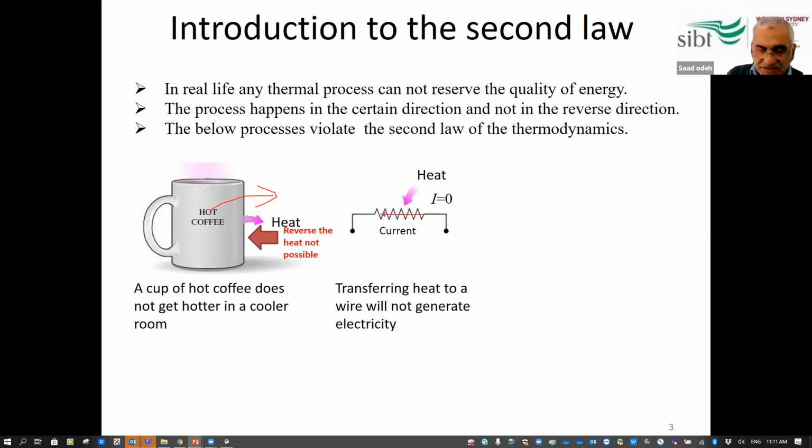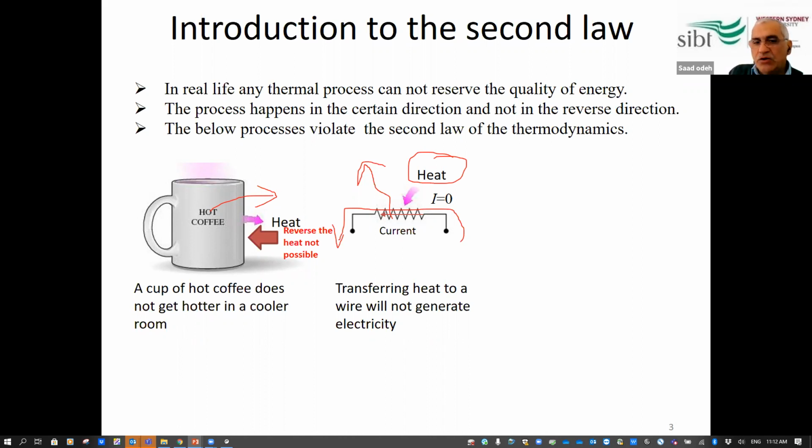Same thing, let's say if I have a current flowing inside a resistance, as you can see here, and of course, when you have current flowing through a resistance, heat will be released to the surroundings because the resistance will get heated. Now, if I take the same heat and try to heat the resistance, would I be able to generate the same current?